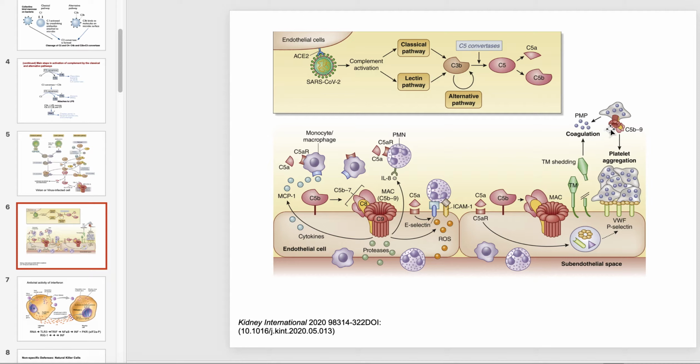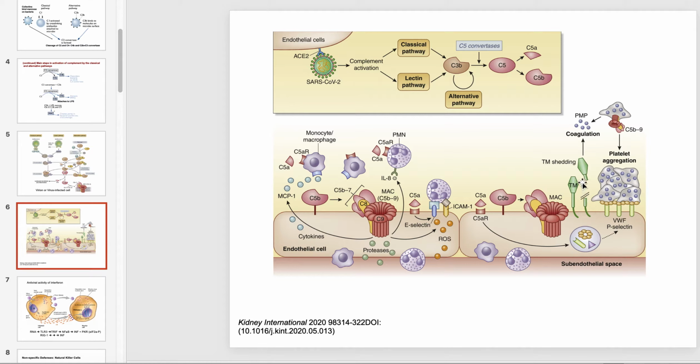You see a membrane attack complex forming inside a platelet, which then causes the platelet to start releasing these PMPs, adhesion molecules. These coagulation molecules, and then this process here, the VWF, P-selectin, and platelet aggregation, can lead to the secretion of thrombomodulin that you see here.